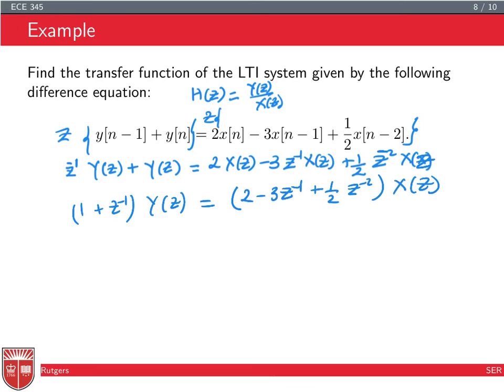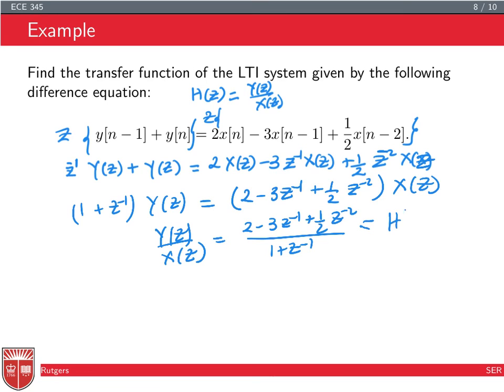And then I can write y of z divided by x of z equal to (2 minus 3 z^-1 plus 1/2 z^-2) divided by (1 plus z^-1). And this is the transfer function of the system.